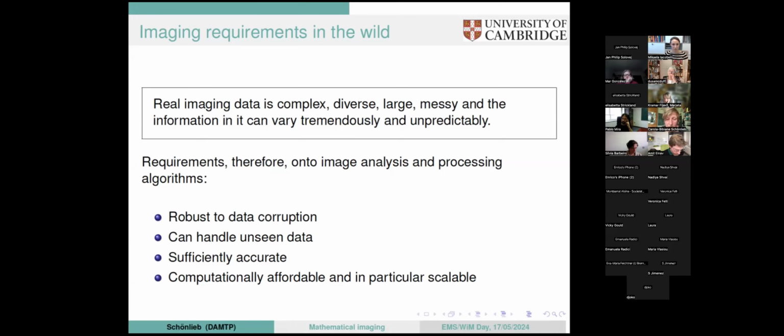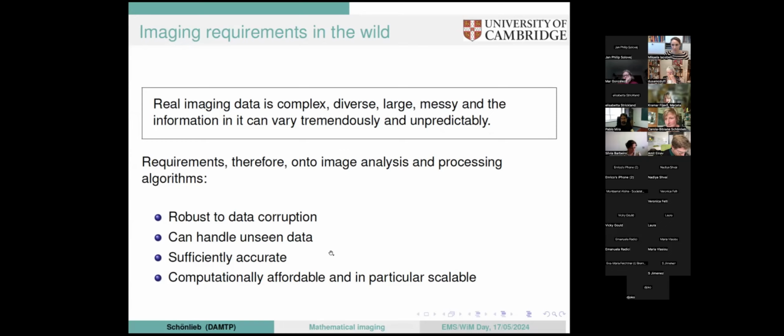The well-posedness here is not just that the solution exists, but that the solution is also going to be meaningful even if I have noise in the data, which comes with the continuous dependence on the data you are starting with. So the requirements are: we need to be robust to data corruption.